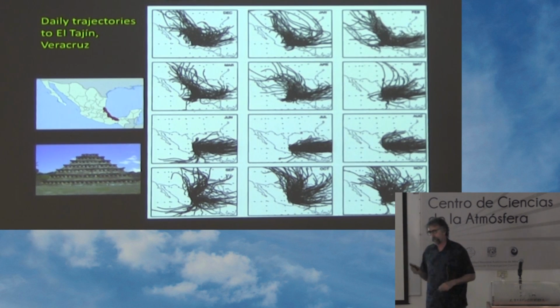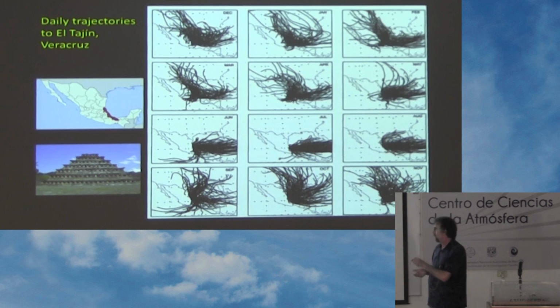In this case, again, in conjunction with Rodolfo Sosa and the Contaminación Ambiental group here, they had a project at the archaeological site El Tajín in the northern part of Veracruz state, and they were measuring acid deposition and some other things, I think. I don't remember.